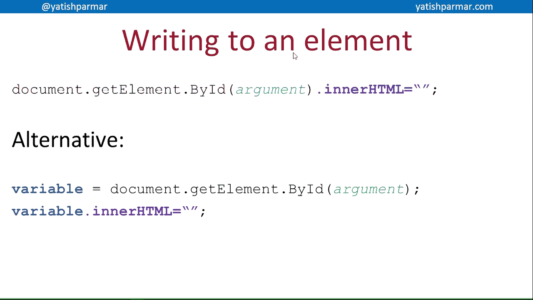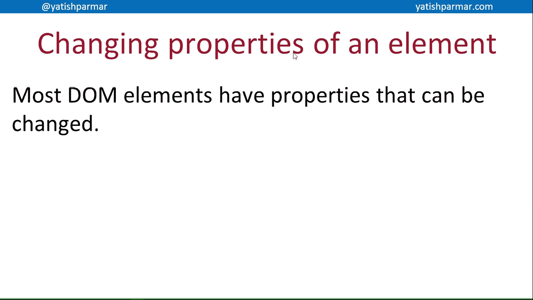Now, we've seen that alternative method there again, where you use .getElementById or .getElementsByTagName, and you store them in some kind of object and then access them, right? And then you can change the properties and the style and the events, etc. So most DOM elements have properties that you can change, right?